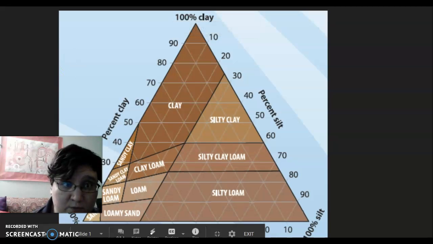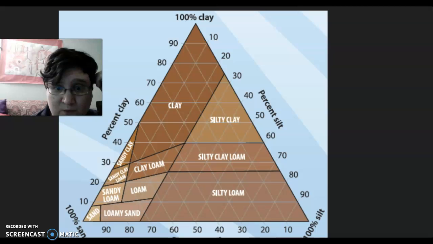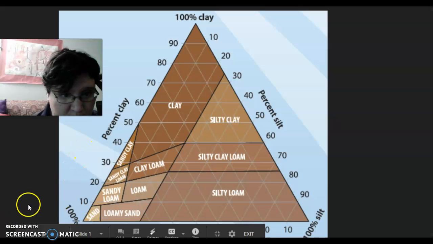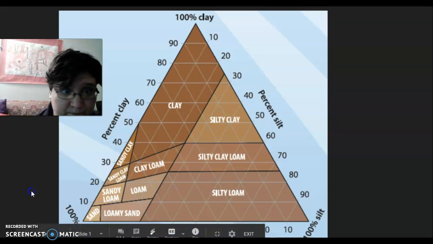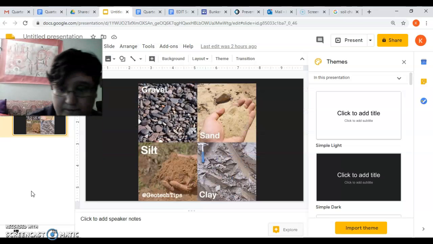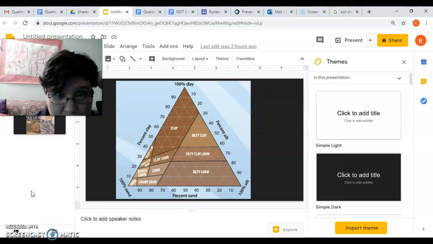So to recap, mine was 10% gravel. So where's the gravel here? It's on the bottom. Let's see. Interesting.